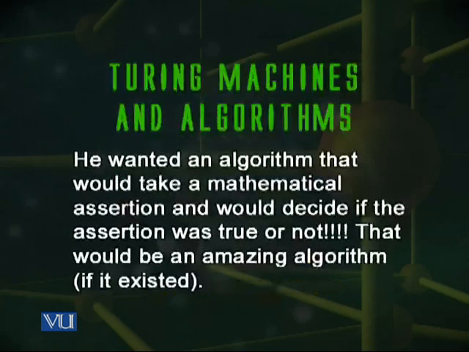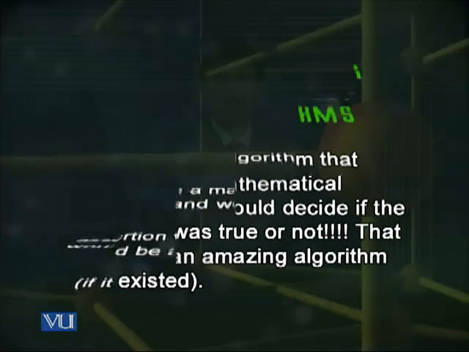He wanted an algorithm that would take a mathematical assertion and decide if the assertion was true or not. That would be an amazing algorithm if it existed. So what Hilbert wanted was that all of mathematics should be systematized and mechanized. He was asking mathematicians to devise an algorithm.